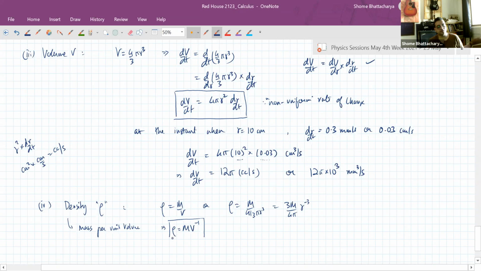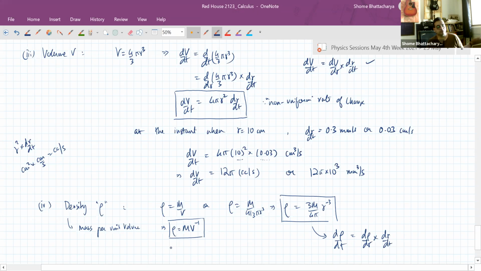So we can use either this or we can use this. If we use this, then the rate of change of density with time will become the rate of change of density with respect to r into dr by dt.